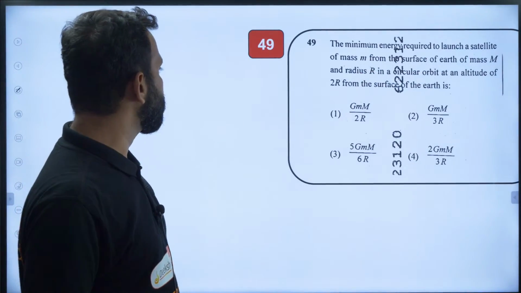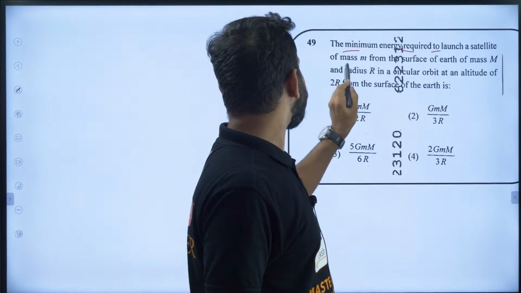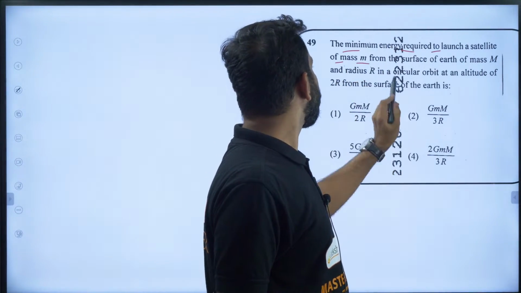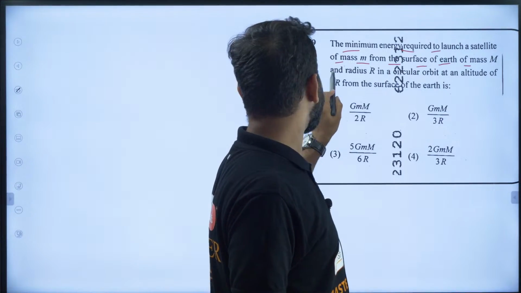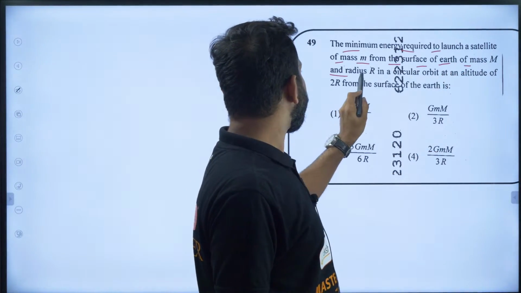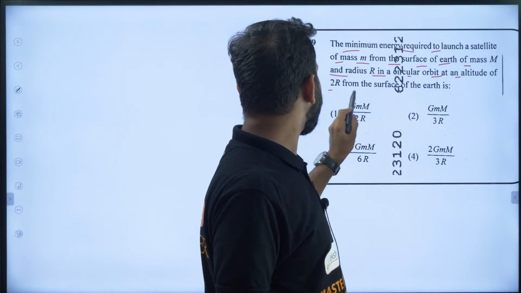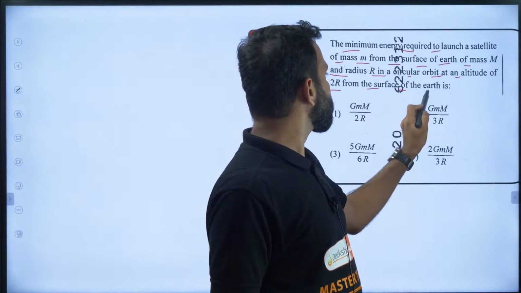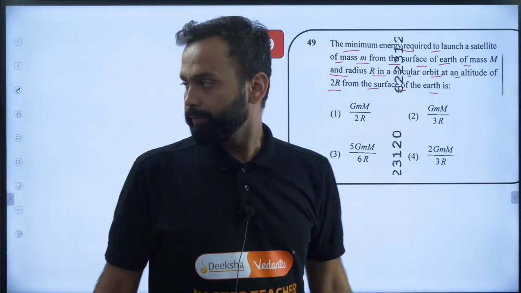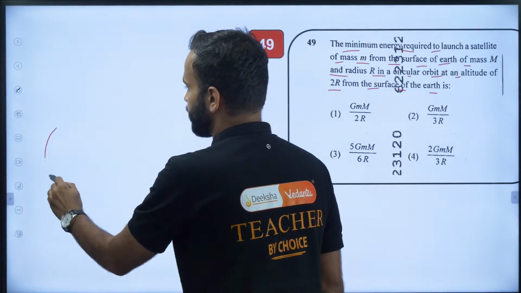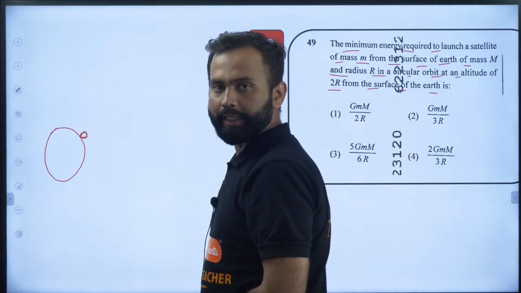Question number 49. The minimum energy required to launch the satellite of mass m from the surface of Earth of mass capital M and radius r in a circular orbit at an altitude of 2r from the surface of the Earth is. So here this is the Earth, here this is the satellite.